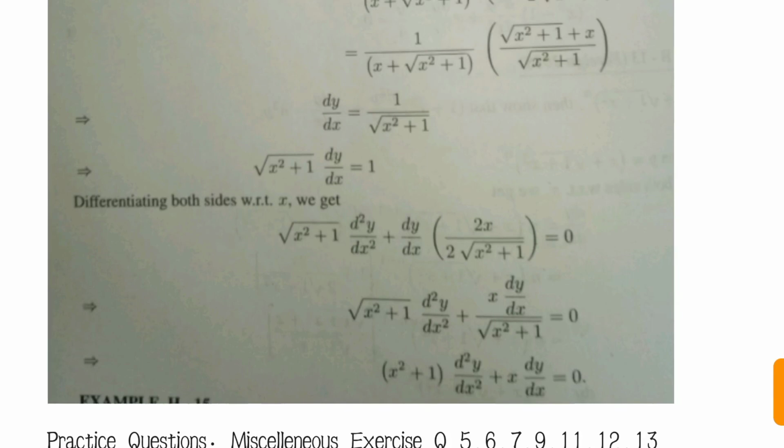Now taking LCM, it is under root x square plus 1, so it will become x square plus 1 d2y upon dx2 plus x dy upon dx, and denominator will cross multiply with right hand side is equal to 0. Thus we get the result.